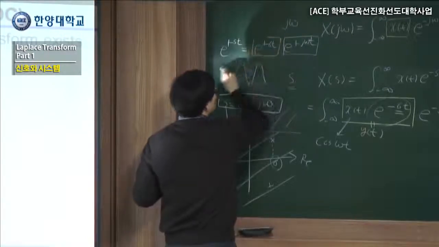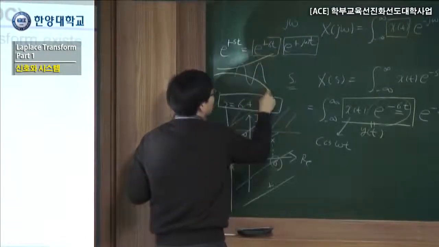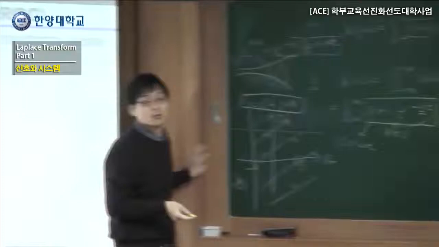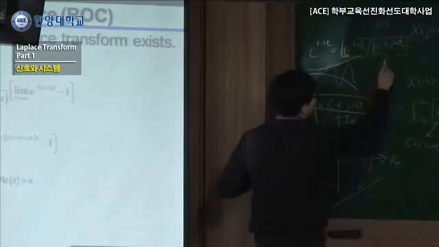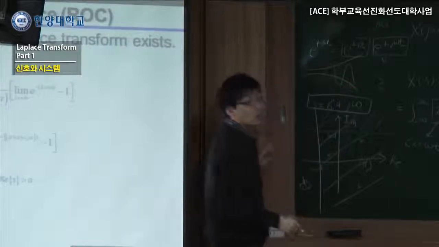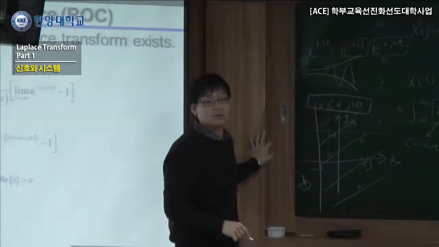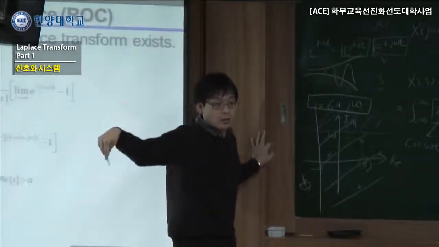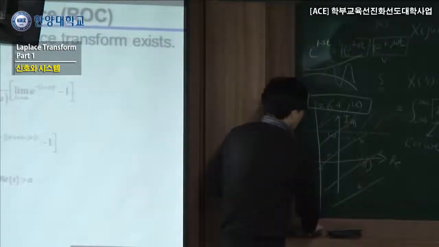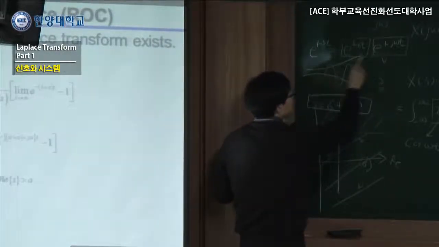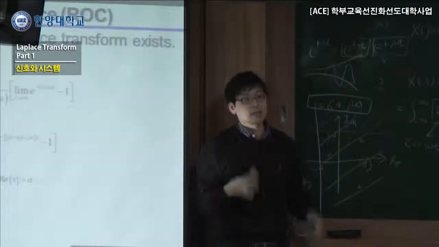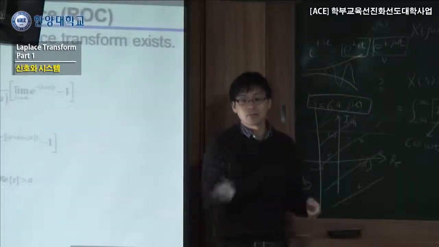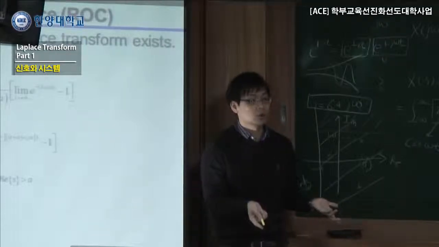This part is in charge of the maximum value that this oscillation can reach. So the oscillation does not contribute much to convergence or divergence. They just oscillate. But this one, which defines the envelope, the maximum amplitude of the oscillation, decides whether they converge or diverge.